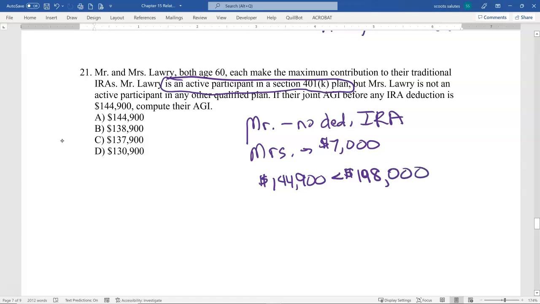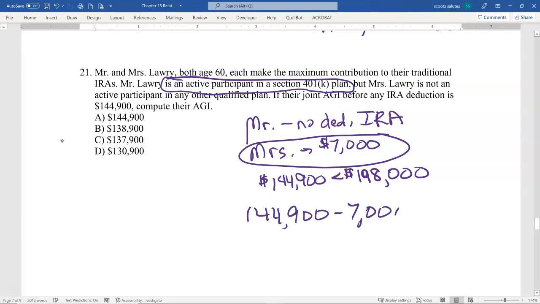So since they're below the AGI limit, they're going to be able to use the $7,000 deduction for Mrs. Lowry. If we take the $144,900, reduce it by the $7,000 adjustment, that leaves us $137,900. So C is going to be the answer to that. That is going to be their adjusted gross income.